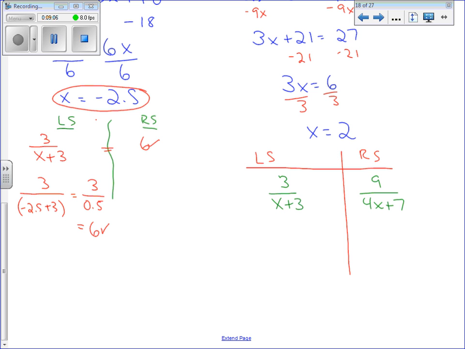If I put 2 in here, I get 3 over 2 plus 3, which is 3 over 5. I can just leave it like that, or I can write that as 0.6. And on this side, I get 9 over 4 times 2 plus 7, which is 9 over 8 plus 7, 9 over 15, or 3 over 5.